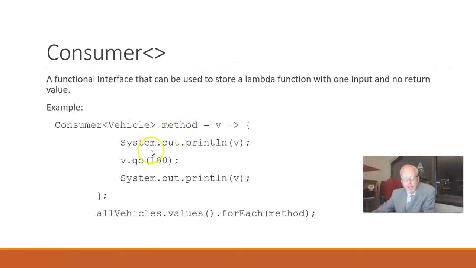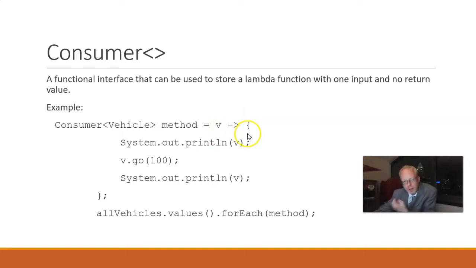So for instance, we see here we are making a Consumer, passing in the generic type Vehicle. Now that's the input. That's very important. That's the data type for the input. And we're storing this in a variable named method. Now the lambda takes that one parameter vehicle and assigns it to the variable v. And then we have our arrow token, which oftentimes we'll say goes into.